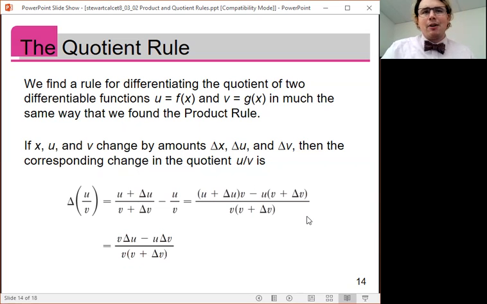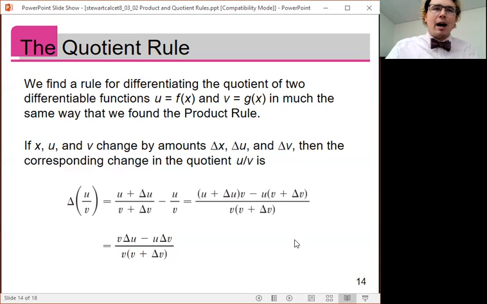So abstractly, I'm going to combine these. My common denominator is v times the quantity v plus delta v. So my first fraction is deficient by a factor of v. So I'll have a u plus delta u, all times v. My second fraction is deficient by a factor of v plus delta v. So I will be subtracting u times v plus delta v. And I can go ahead and multiply this all out.